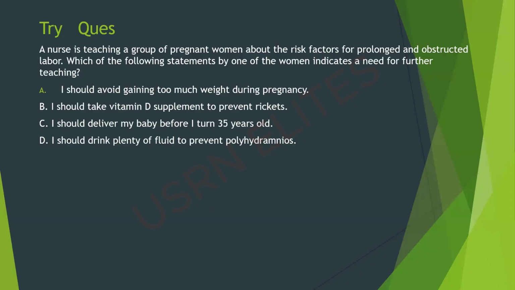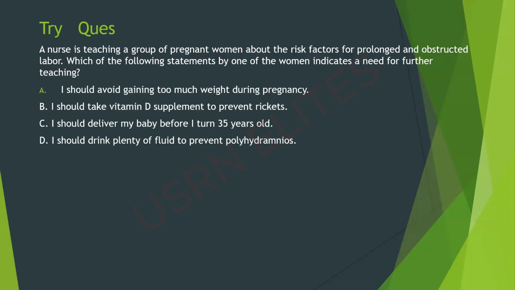I said I'll be going for answer D. You said you're going for D? Yes, I said I'll be going for D. Okay, I should drink plenty of fluid to prevent polyhydramnios. Our sister was saying something. Yes, A. I was saying that I would go for A.